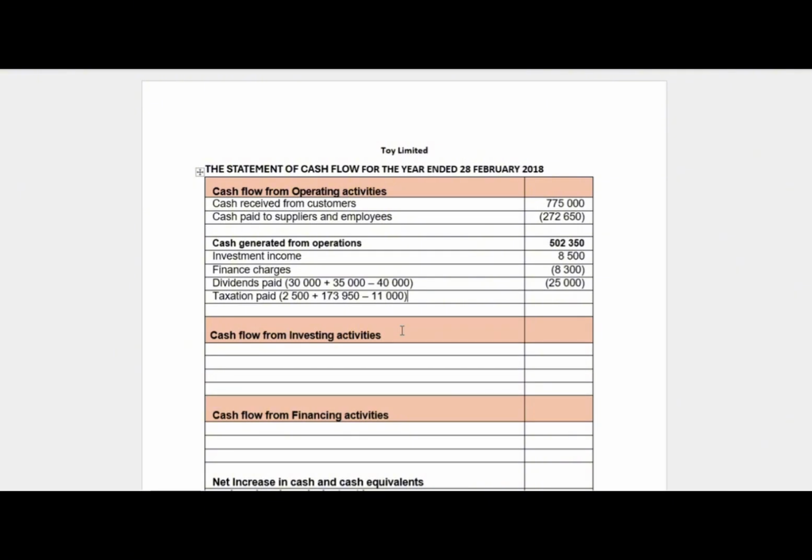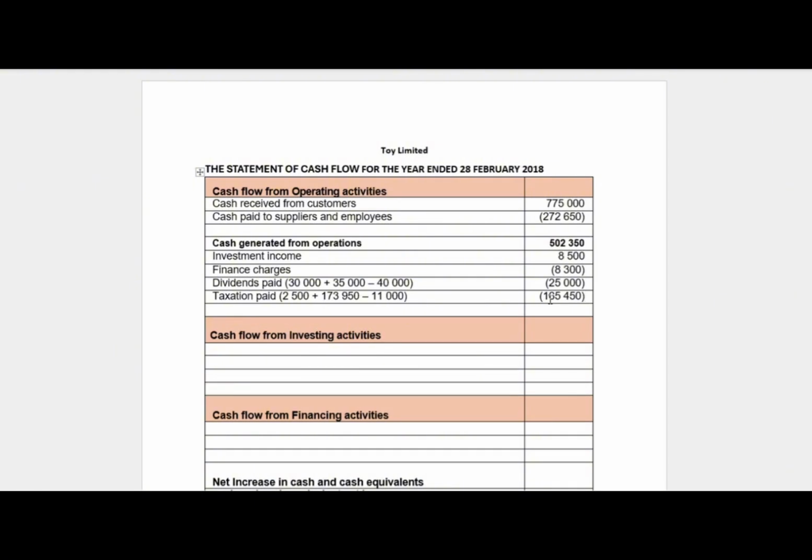So your taxation paid is going to be 2,500 plus 173,950 minus 11,000. And then I am getting 165,450. That is what I paid for tax. Open bracket, it's an outflow. 165,450. That is the amount I got in my calculator. All right. So I believe it's correct.